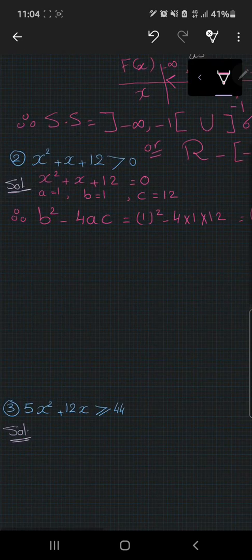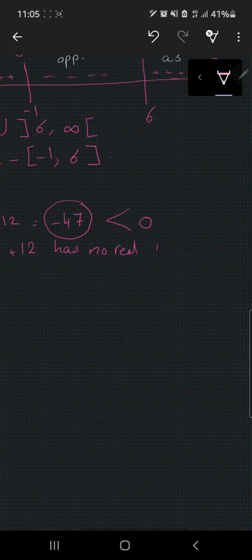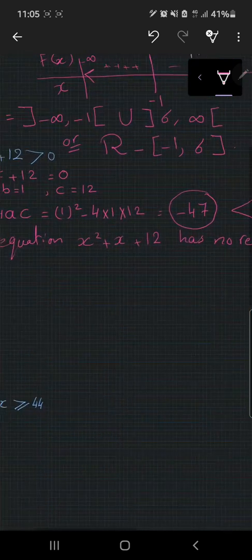So the equation x power 2 plus x plus 12 has no real roots because the discriminant is less than 0.